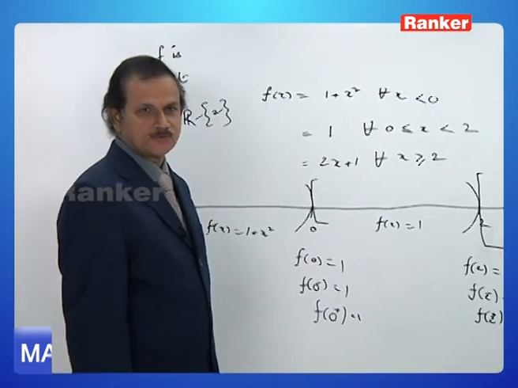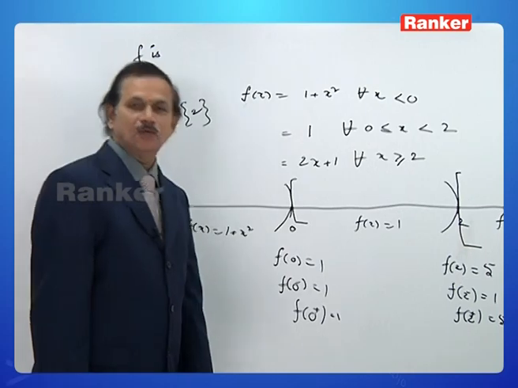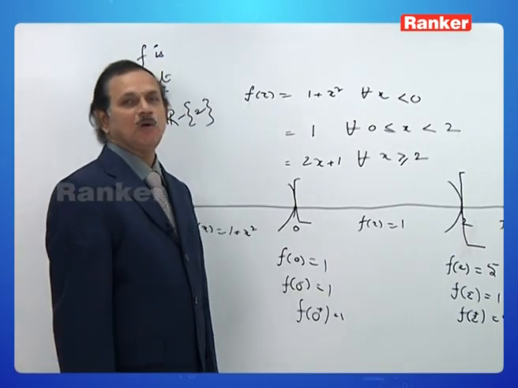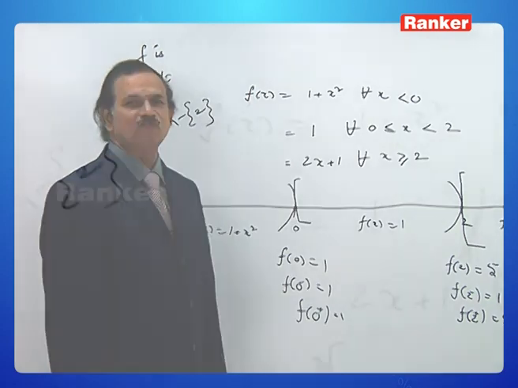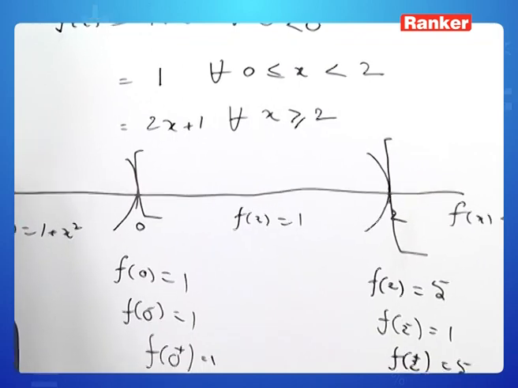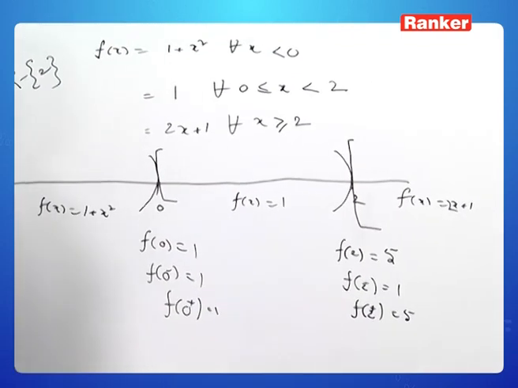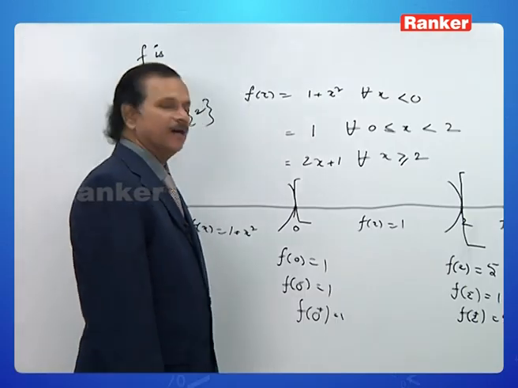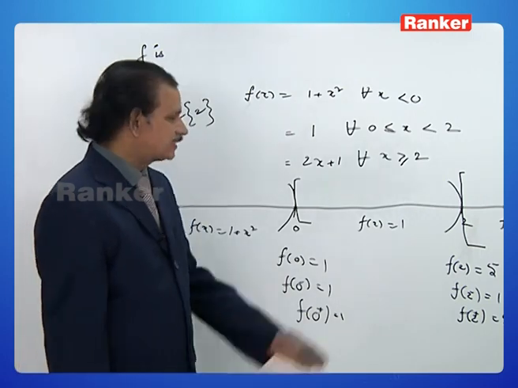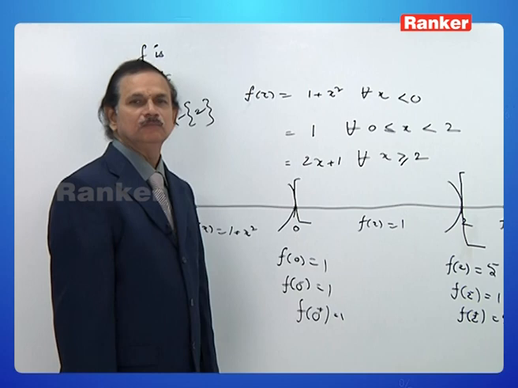So you are supposed to observe the continuity of polynomials as and when they are involved in different cases like this. Yes, continuity of f is observed here on the entire set of real numbers except at x is equal to 2.